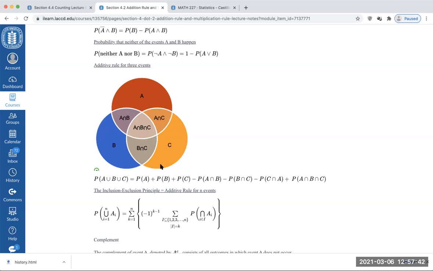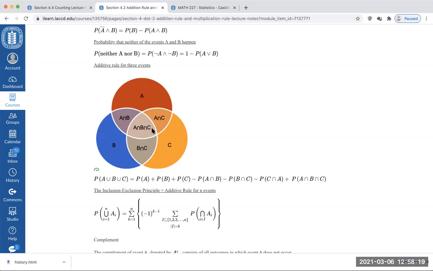So there's a whole bunch of overlaps here that I've done, so I've got to take them away. So let's take away A intersect B, A intersect C, B intersect C. But then I've taken this away too many times, so I have to add it back in. So plus the probability of A intersect B intersect C.